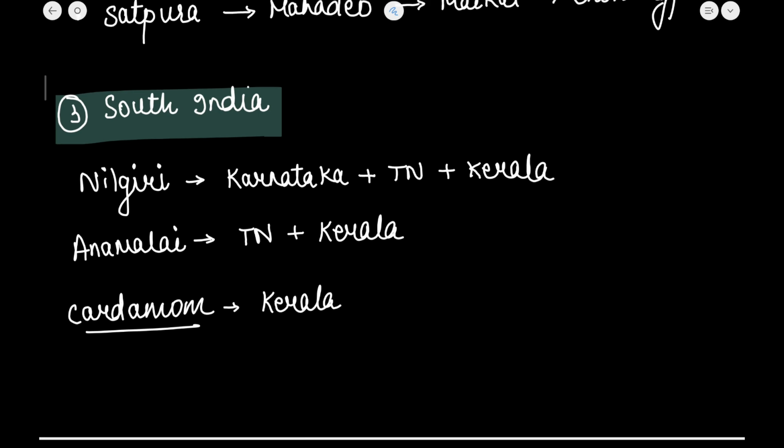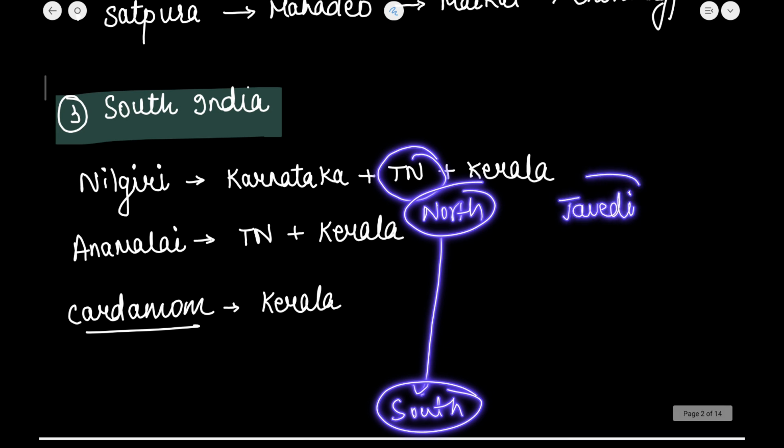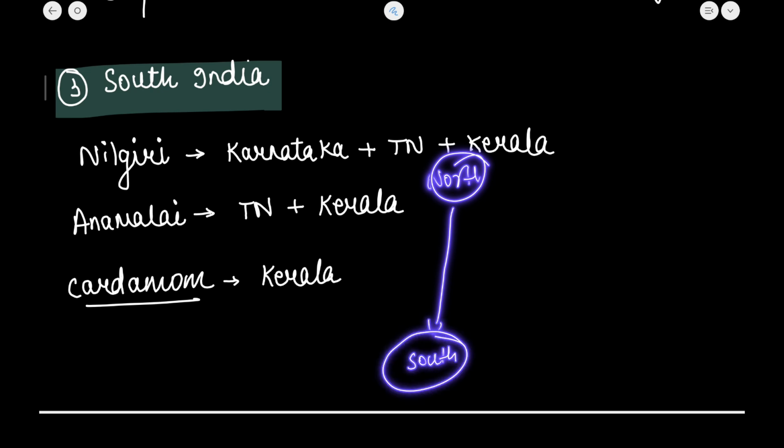Okay, now some of the hills in Tamil Nadu that is in north to south direction that you need to know, and it is of the utmost importance, is Javadi Hills, is in the northernmost part of Tamil Nadu. North to south alignment we are seeing of the Tamil Nadu.